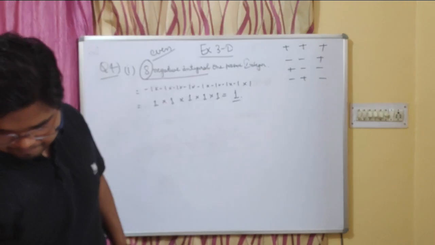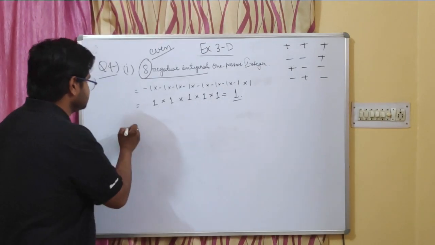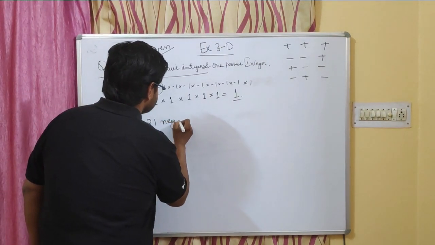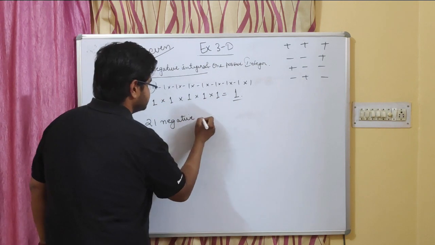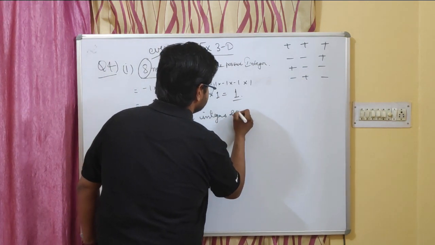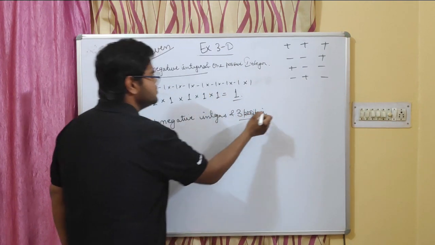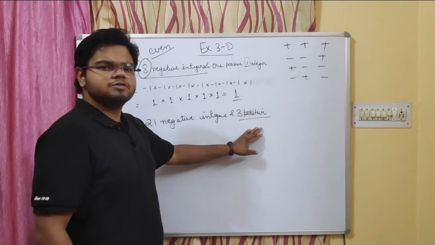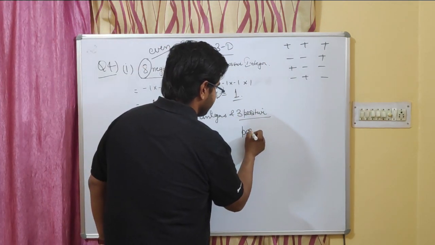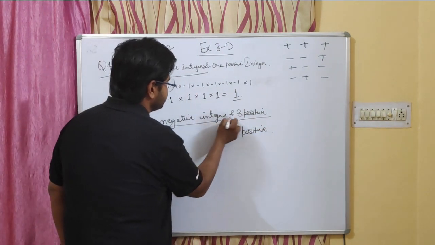In the second part, 21 negative integers and 3 positive integers. We already know if we multiply any number of positive integers, the result will be positive only. But here we have 21 negative integers.